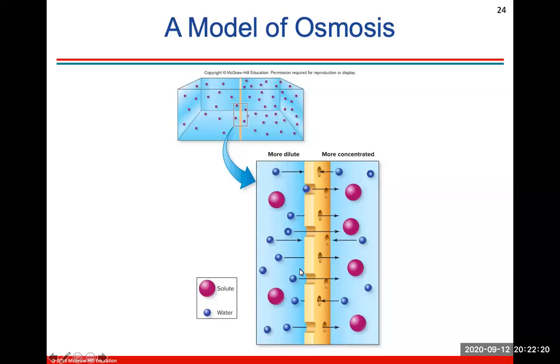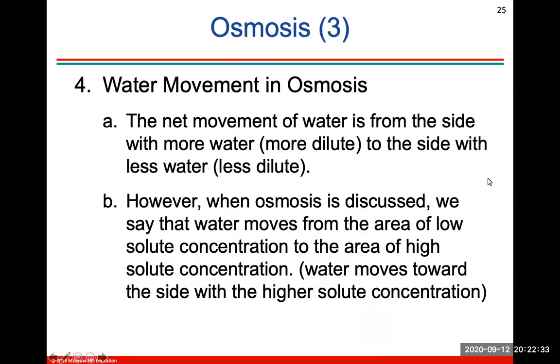So water always moves into an area of higher solute concentration. To help you remember that, you can think of solutes suck, and solutes will always suck the water into their location. So the net movement of water always travels from an area where there's more water, or it's more dilute, to a side with less water, less dilute.